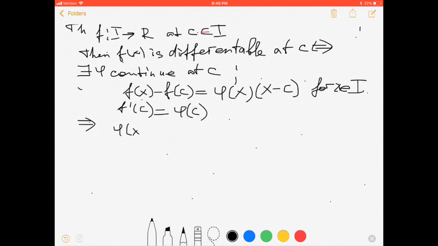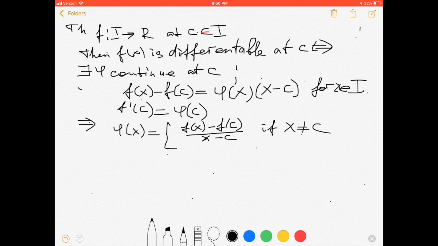Let's build function phi(x). Function phi(x) will be (f(x) minus f(c)) over (x minus c) if x is not equal to c, and equal to f prime c if x equals c.